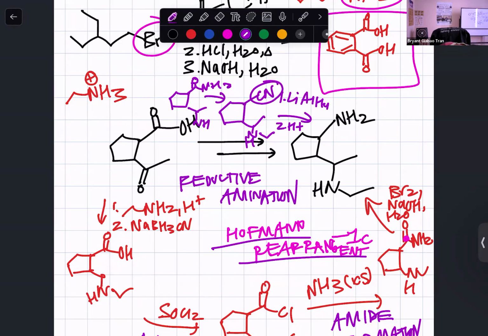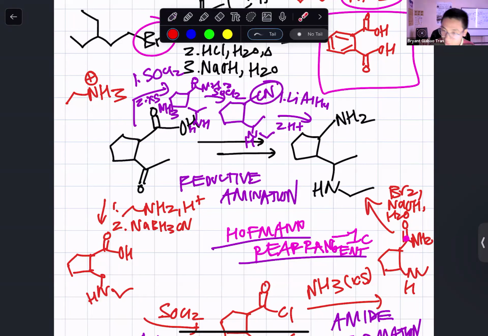And then to convert the amide into the nitrile, we use SOCl2. Where this carbon of the amide is that carbon of the CN. And then to create the amide from the carboxylic acid, we do first step SOCl2, second step excess ammonia. Right? So we can do that way too, Ryan.